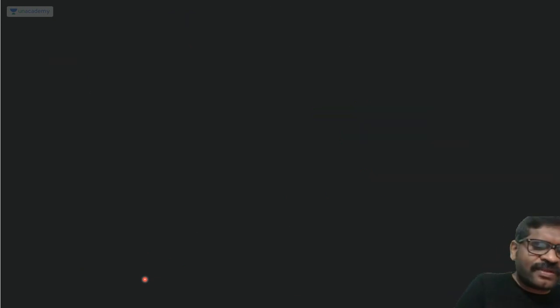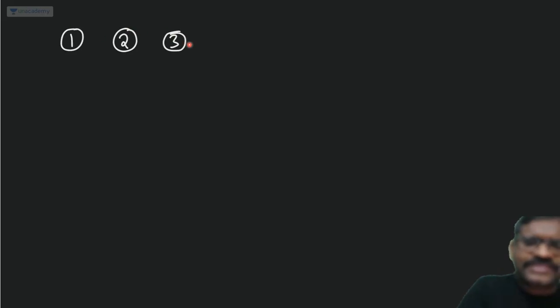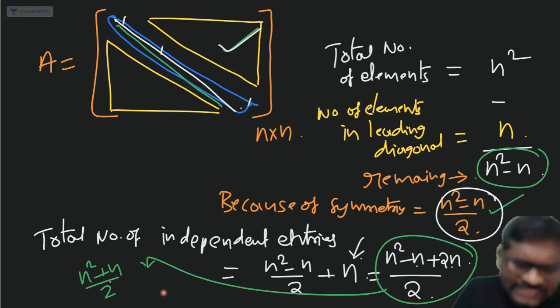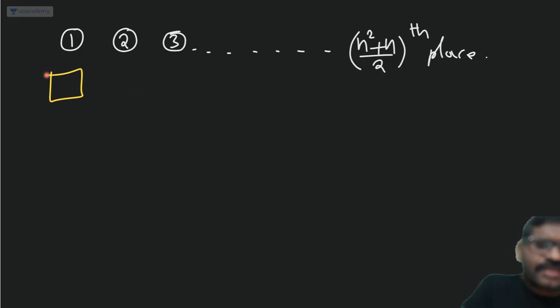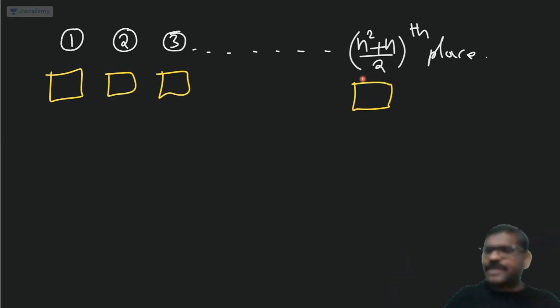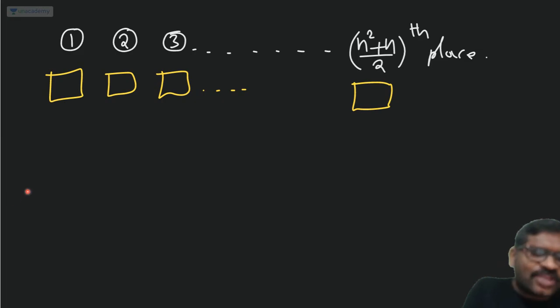Now, first place, second place, third place, like that, up to the n square plus n by 2 th place. Now, each place you can fill either with 0 or with 1, 2 ways.